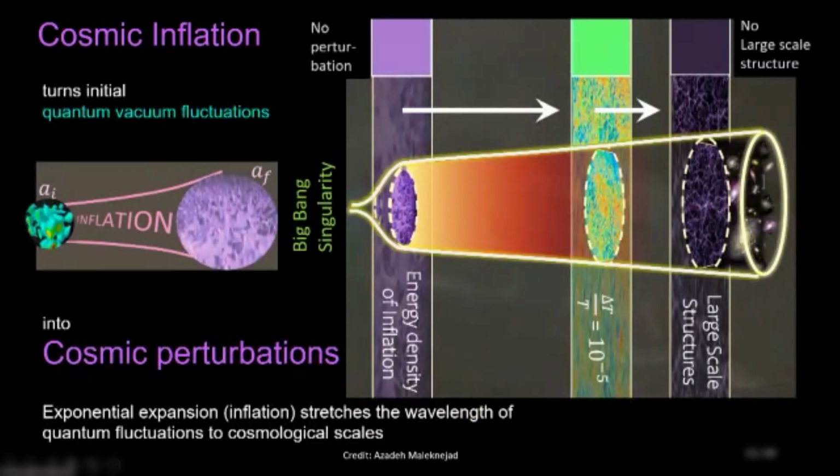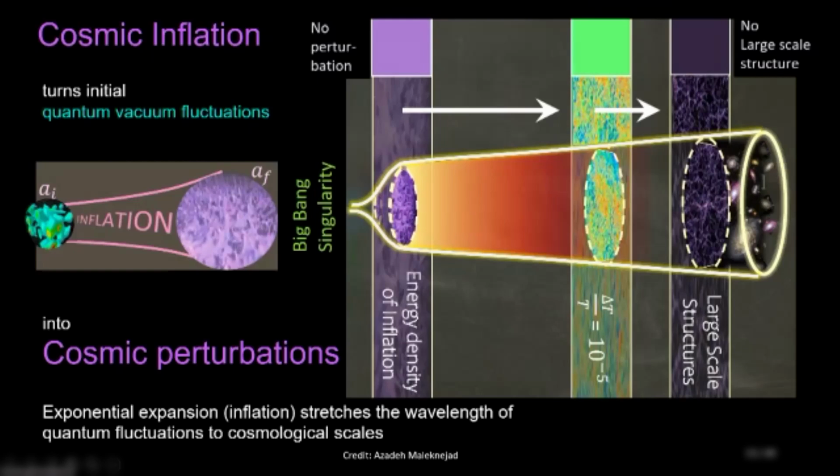Whatever was back then, after the Big Bang, the structure that was there, during this cosmic inflation, got stretched by an incredible size, and contributed to what we call the cosmic perturbation of the universe after inflation.